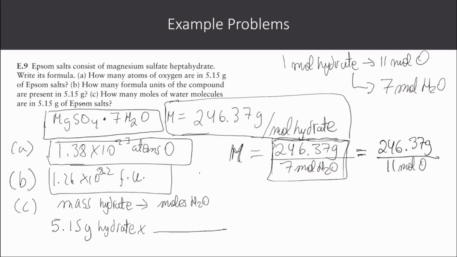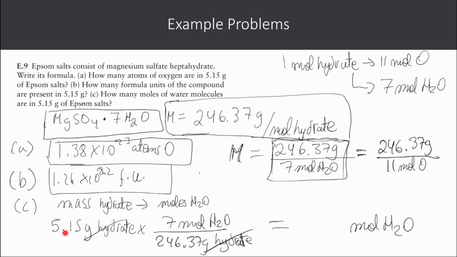So let's write 246.37 grams of hydrate for every 7 moles of water. And then the units of grams of hydrate cancel out, and we're left with units of moles of H2O.